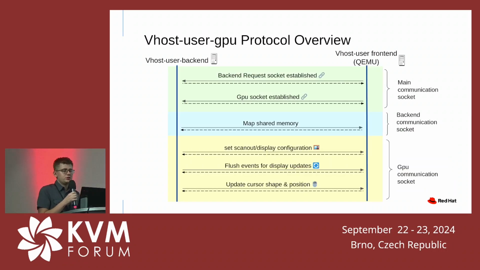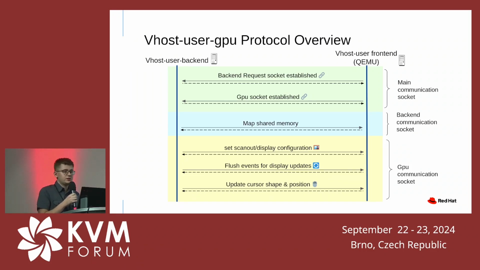Implementing the GPU device as a vhost-user device requires some GPU specific messages in the protocol. The flow of the messages usually comes from the front end, which sends them to the back end. But there are some requests we need the back end to make to the front end.